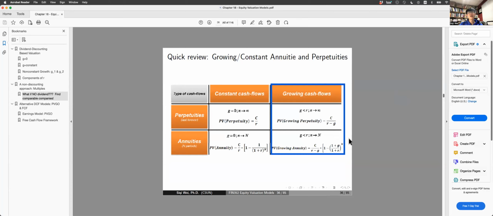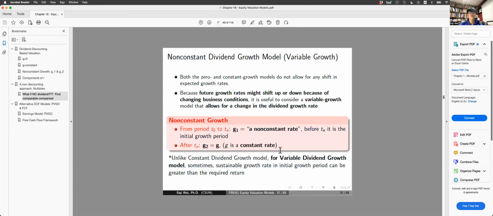It sorts the universe into a 2 by 2 dimension space. So you have the perpetuity, annuity, you have constant cash flow and growing cash flow, so that you have constant perpetuity and constant annuity, as well as the growing perpetuity and growing annuity. Okay, so there are 4 different types.